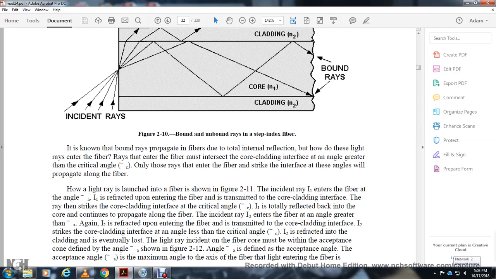How is this? The light rays enter the fiber and intersect the core-cladding interface at an angle greater than the critical angle. Only those rays that enter the fiber and strike the interface at such angles propagate along the fiber.